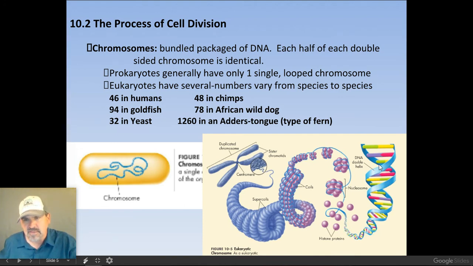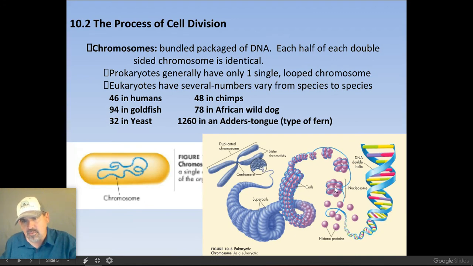All right, so here's that famous double helix. We know that this is the sugar phosphate backbone. We know that these are the adenines and thymines and guanines and cytosines. So we take this double helix and we wrap it around these 8 protein histone globules, and this is called a nucleosome. So here we have the double helix wrapped around some protein called histones, and that's called a nucleosome.